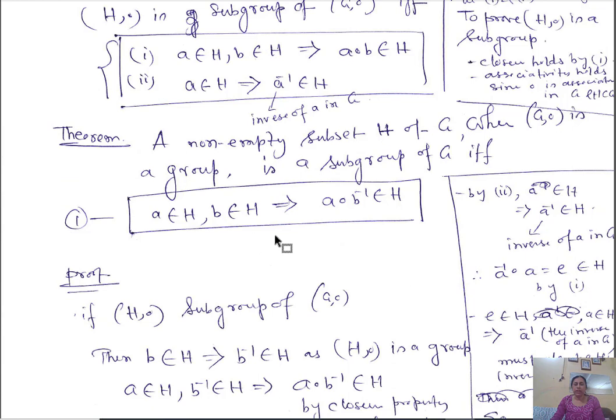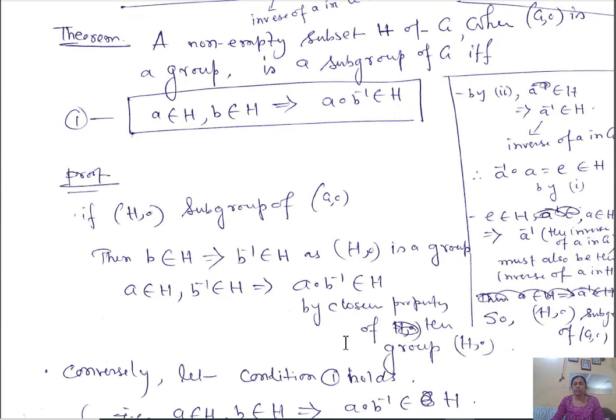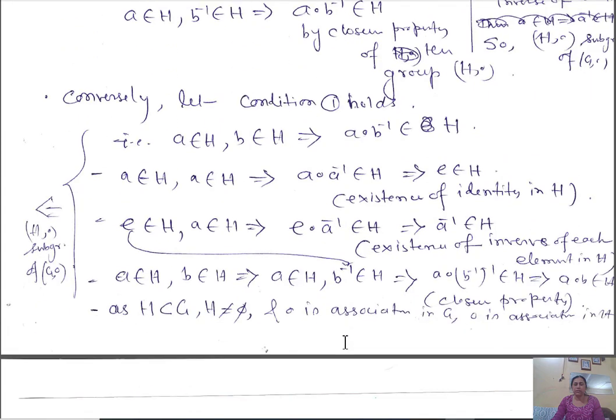You can also show that if H is a subgroup of G, then this holds, and if this holds, then H is a subgroup of G. The proof is very easy. You can just go through it. I am skipping this part.